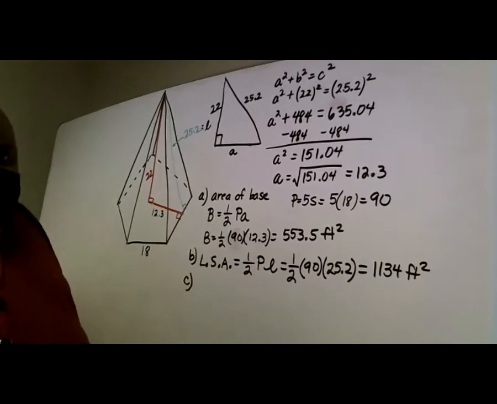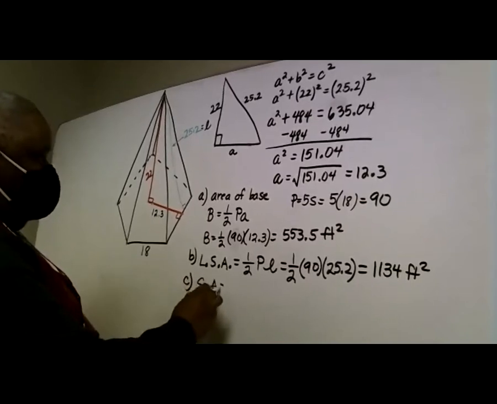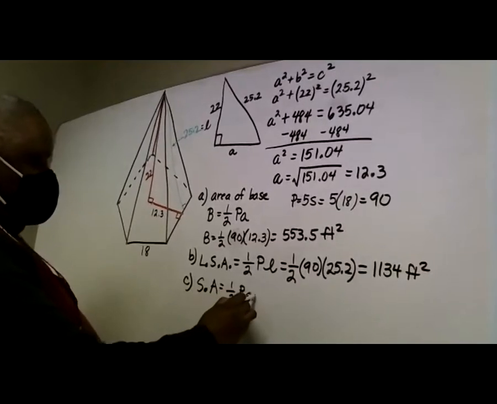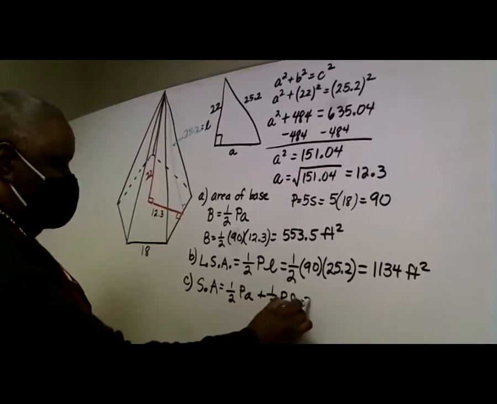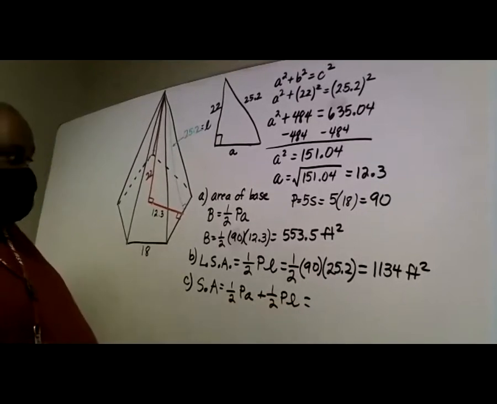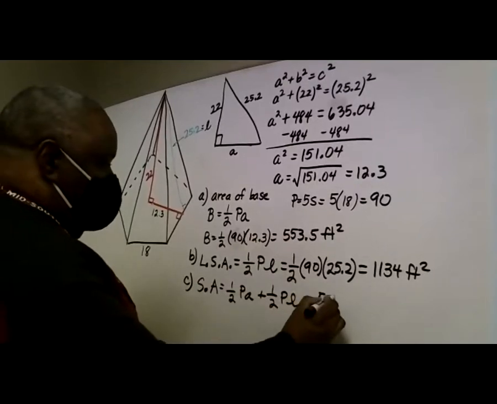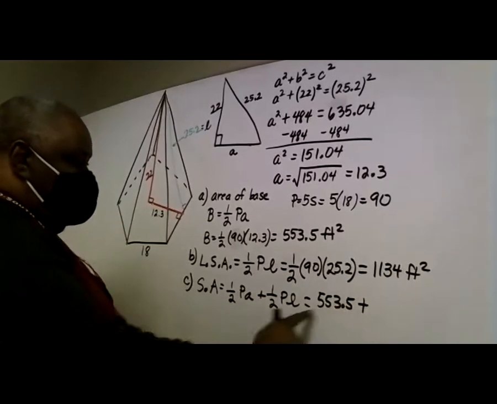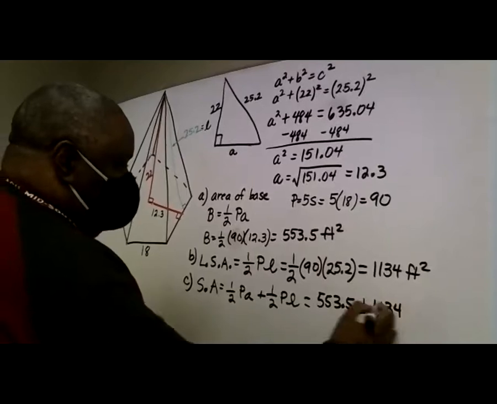And then part C is finding the surface area. That's of course 1/2 the perimeter times the apothem plus 1/2 the perimeter times the slant height, which we already found in parts A and B. 1/2 P times A, that's the 553.5, plus 1/2 P times L, that's what we found in part B, 1134.